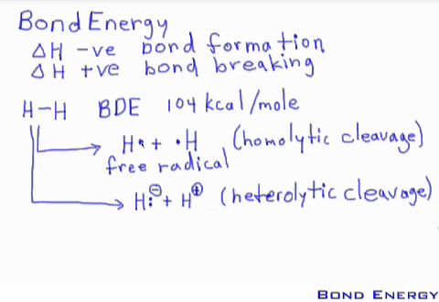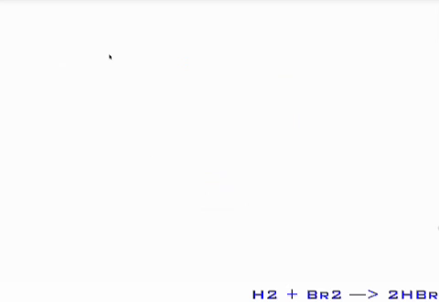Well, what can we do with bond dissociation energy? We can actually generate or calculate heats of reaction. How do we do this? Well, suppose I give you a simple reaction, such as, say, hydrogen reacts with Br2 to produce 2HBr.